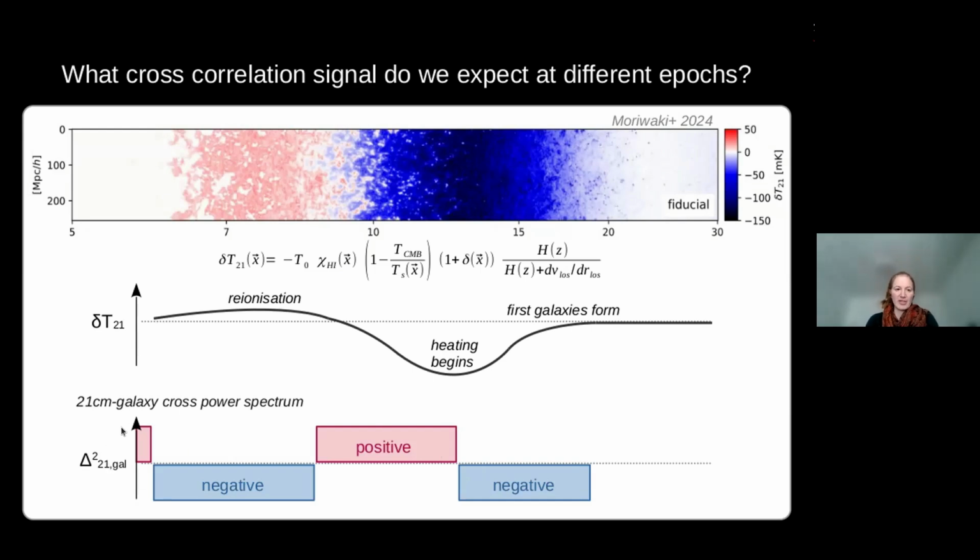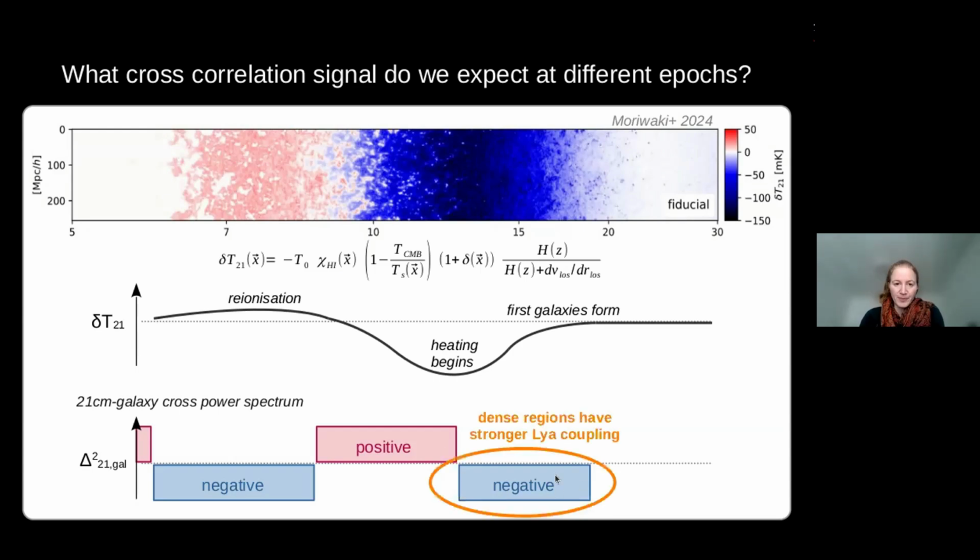Theoretically, you would expect during cosmic dawn and reionization to have three sign changes. To walk through this briefly: when the first galaxies form, in dense regions you have a stronger Lyman alpha coupling. So these regions will have a stronger absorption signal in 21 centimeters, and your cross power will be negative.